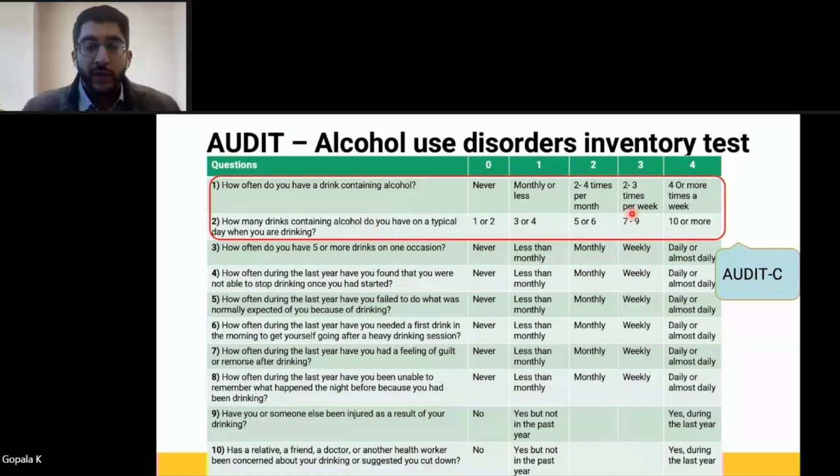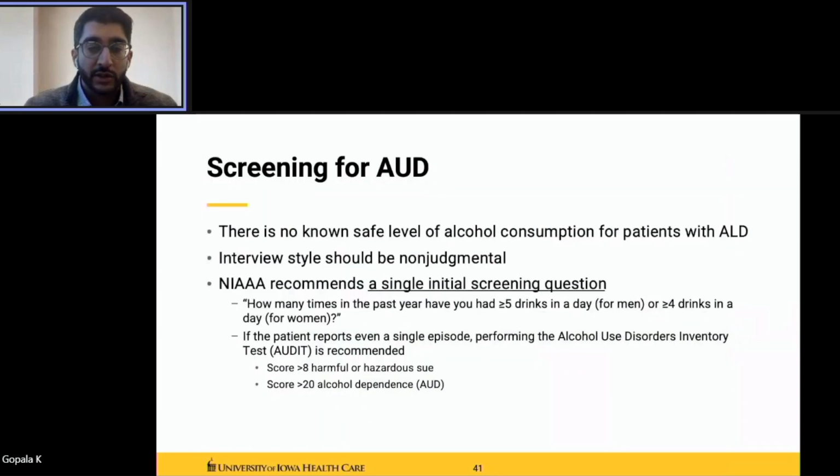And that could assign a score, which would then trigger the full AUDIT inventory. AUDIT-C is better than CAGE, and a score greater than 4 to 5 may indicate harmful alcohol use, but in itself does not provide the diagnosis for alcohol use disorder. For that, you would have to use the previous questions that I showed here.